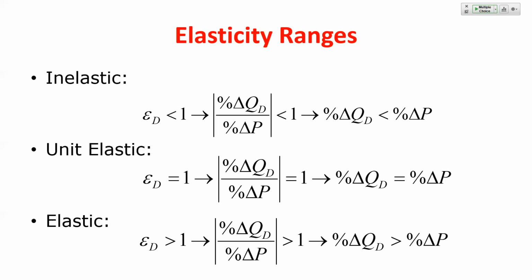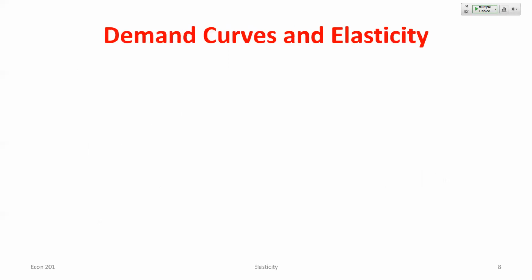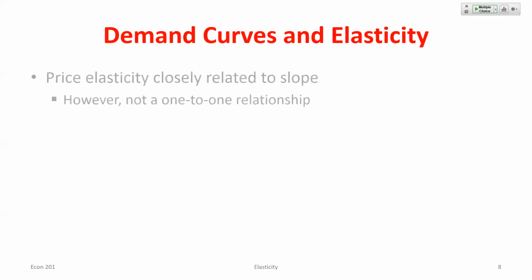Any questions on any of this before we keep moving? Okay, so we've got our three ranges. We'll start thinking about the demand curve and elasticity. When we look at a downward sloping demand curve, initially we might want to think that slope represents the elasticity.